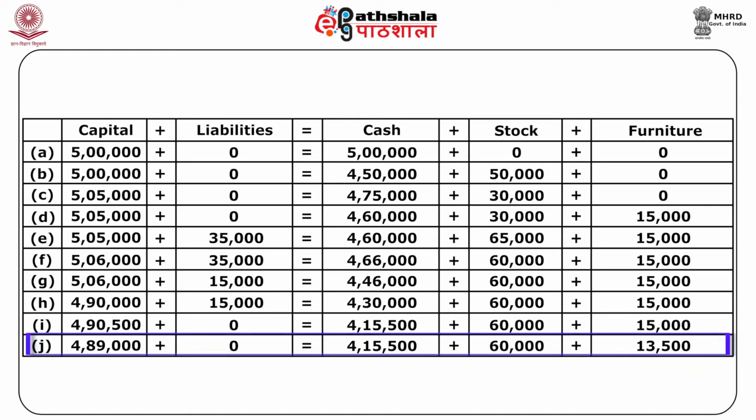And the last part will give you 4,89,000 capital plus 0 liability, which will give cash of 4,15,500 plus stock 60,000 plus furniture of 13,500.